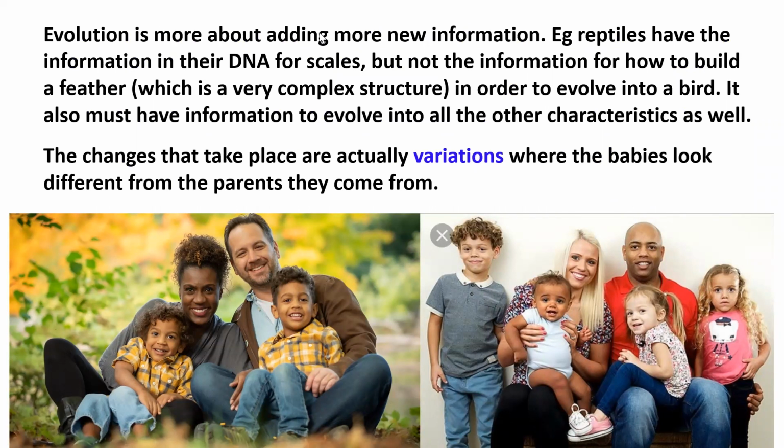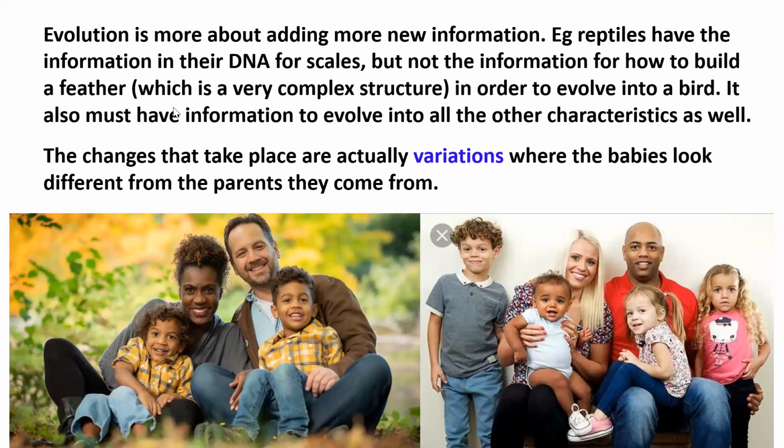Evolution is more about adding more new information. For example, reptiles have the information in their DNA for scales, yeah, but they don't have the information for how to build a feather, which is a very complex structure, in order to evolve into a bird.